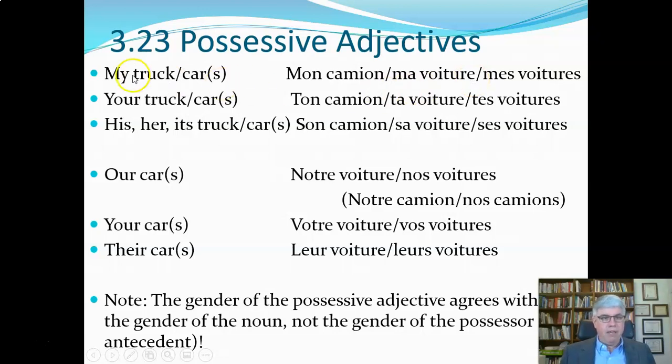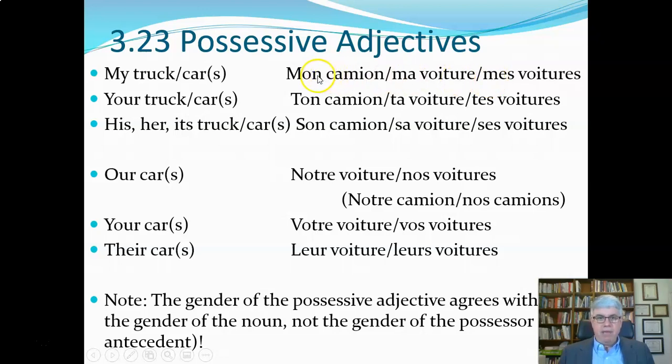So if I wanted to say my truck, I use the possessive adjective mon, and that's masculine. And if I wanted to say my car, I would say ma voiture. And if I wanted to say either my trucks or my cars, I would use mes for the plural, mes voitures or mes camions. Mes is either masculine or feminine.